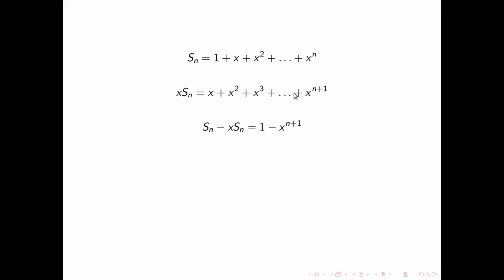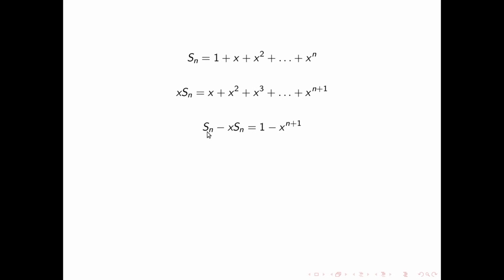And in here there will be a term x^n that will cancel this x^n. The only terms that will survive on the right side of the equation will be 1 minus x^(n+1), because there is nothing here that will cancel 1, and there is nothing here that will cancel x^(n+1). The result is the equation Sn minus xSn equals 1 minus x^(n+1).